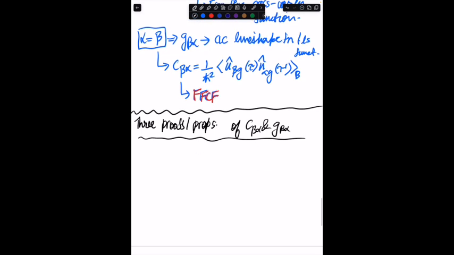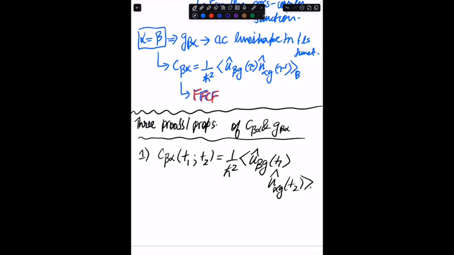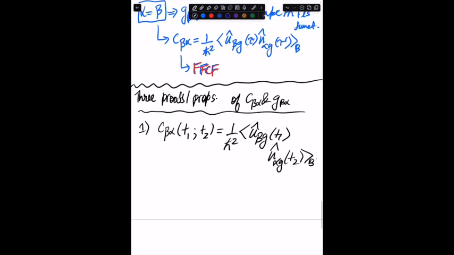So the number one would be you have C beta alpha as a function of let's say two time coordinates t1 and t2, which is as I previously described 1 upon h bar square u, let's say beta g t1 u alpha g t2, right? And I'm going to prove to you that this is equal to C beta alpha t1 minus t2, or the duration of time t1 minus t2.